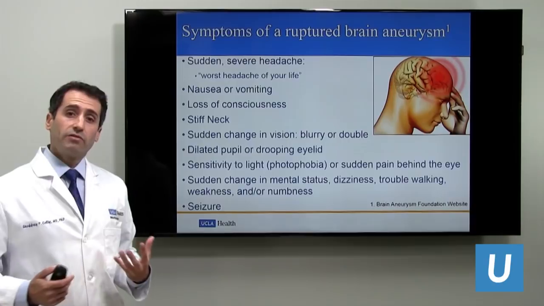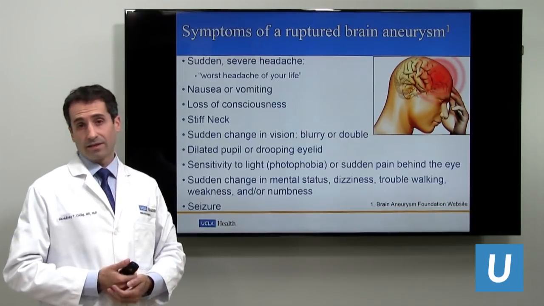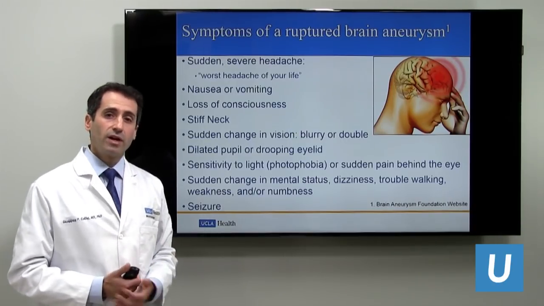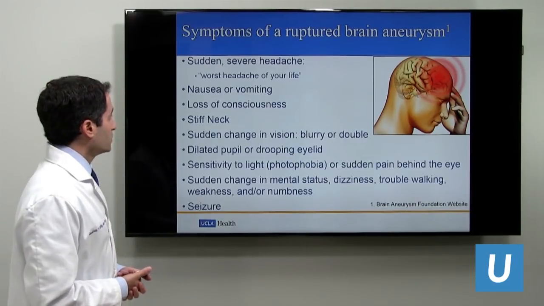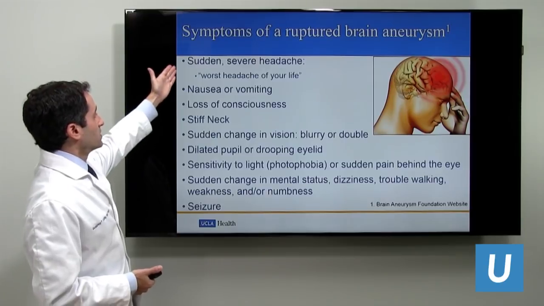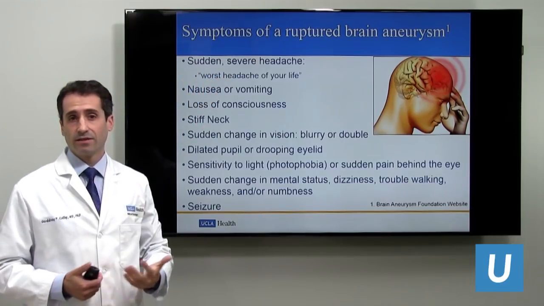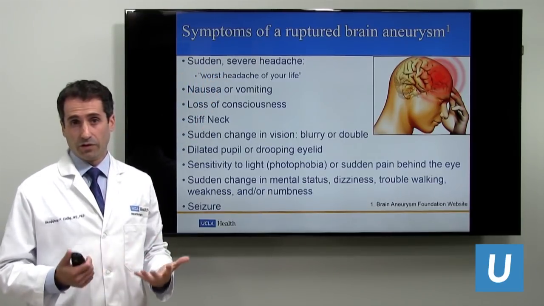What about the symptoms of a ruptured aneurysm? If an aneurysm breaks, that's very different. That is incredibly symptomatic, which is very different from an unruptured aneurysm. When an aneurysm breaks, it commonly causes sudden and severe headache. The classic description is the worst headache of your life.